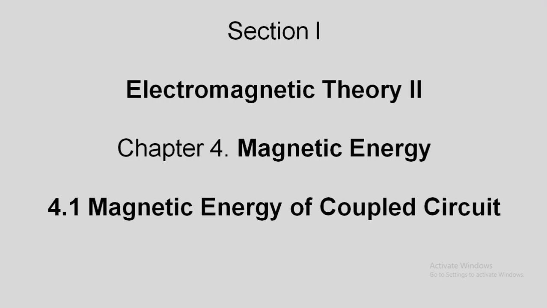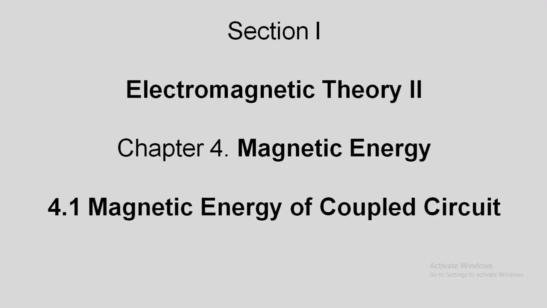So today we'll start with the new chapter, magnetic energy. Whenever a current flows, it may be a transport current or atomic current, a magnetic field is produced.